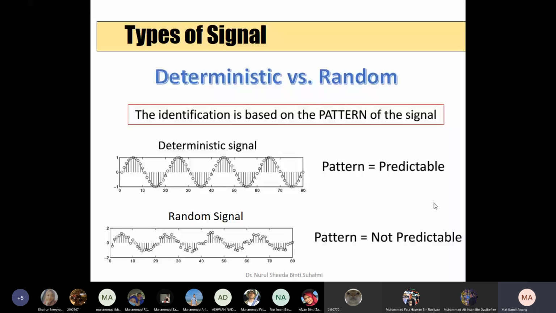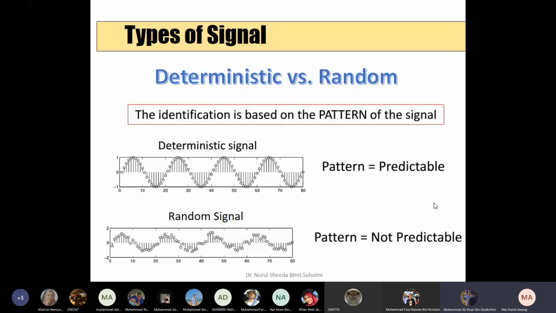For example, like the white noise, the pattern is not predictable. But there are some noise that is predictable, depending on the source of the noise.